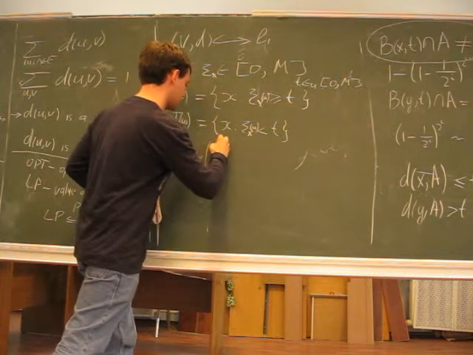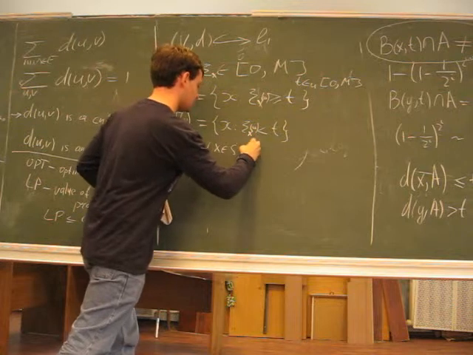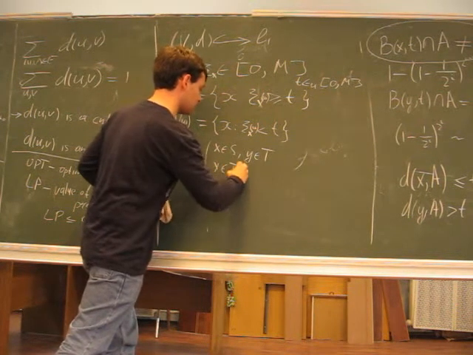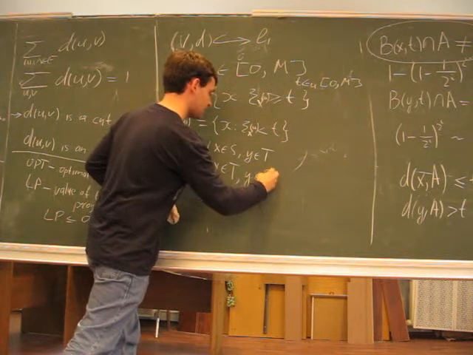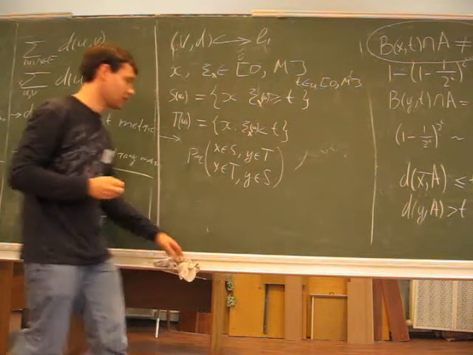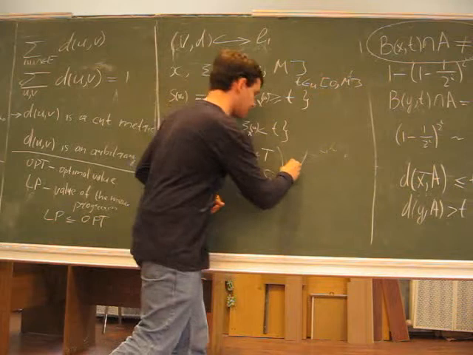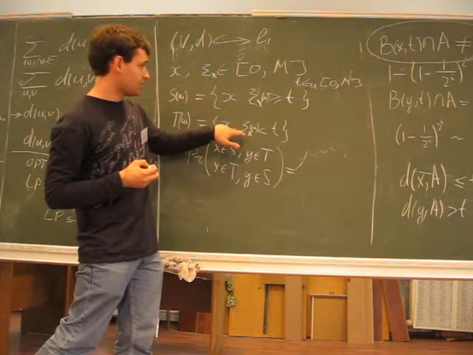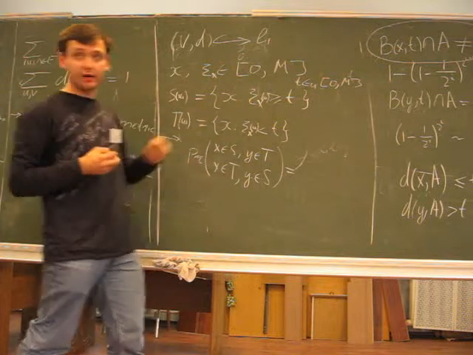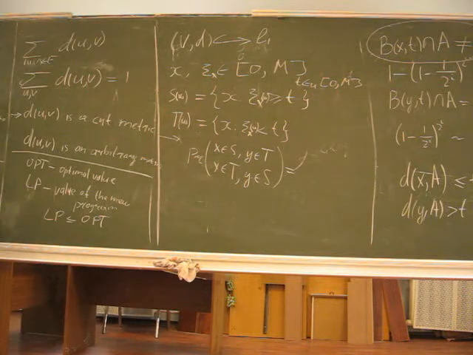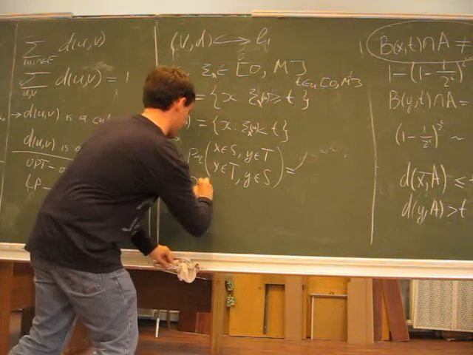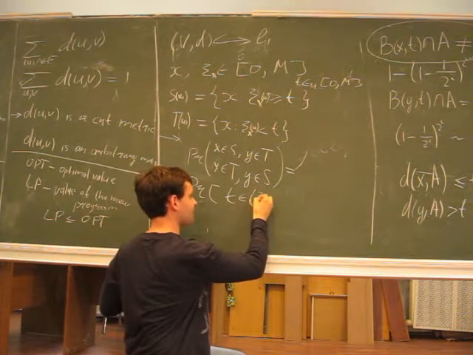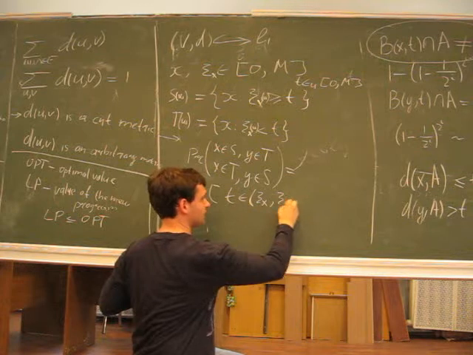The probability that X belongs to S and Y belongs to T, or X belongs to T and Y belongs to S. This is the probability that T lies between Cx and Cy, or the other way around.